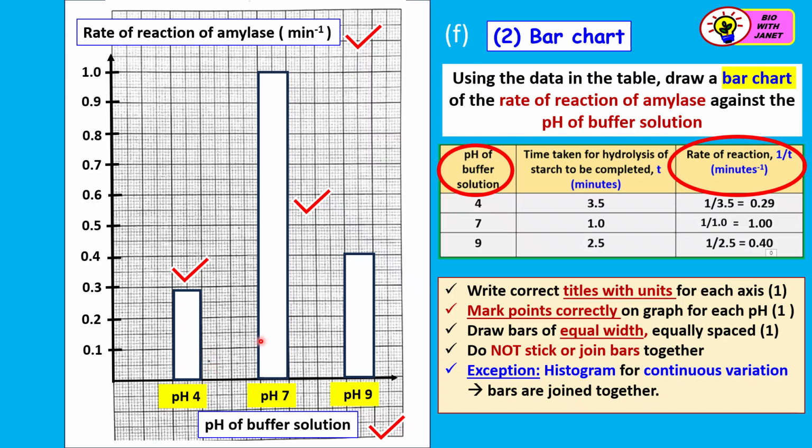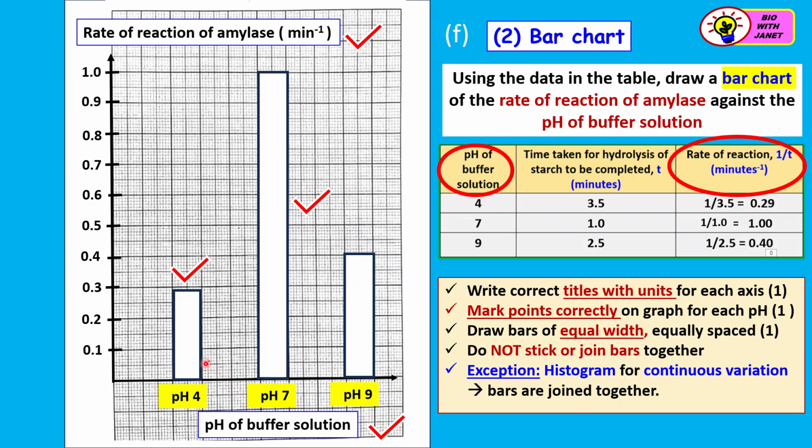You must plot the bar so that the uppermost part of the bar is at the same reading as in your table of results. So for pH 4 it is 0.29, for pH 7 it is 1, and for pH 9 it is 0.4.